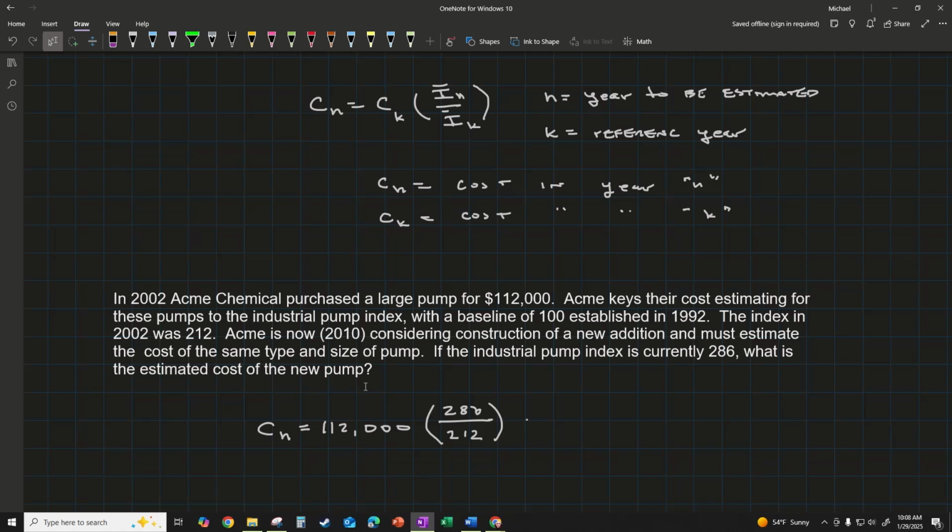That is simply how you use this equation, and your estimated result for a new pump is $151,894. I misread my notes. This should be a 0, not an 8.